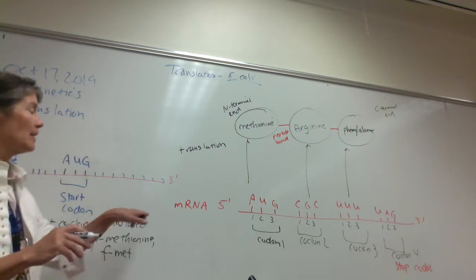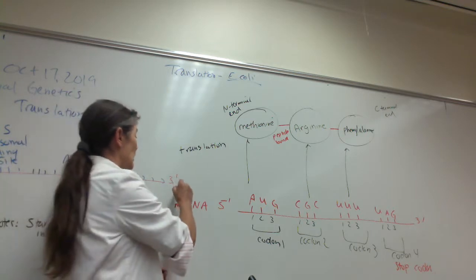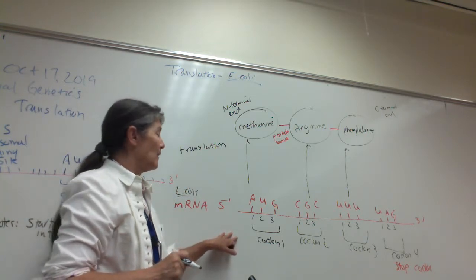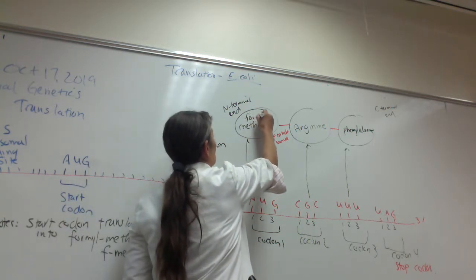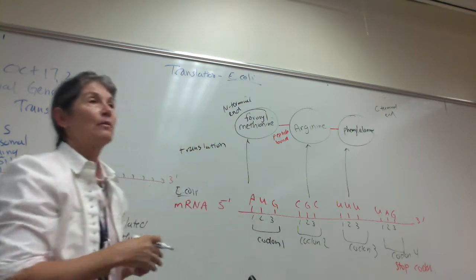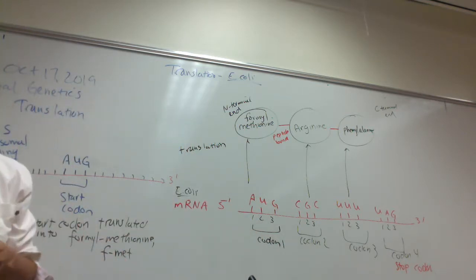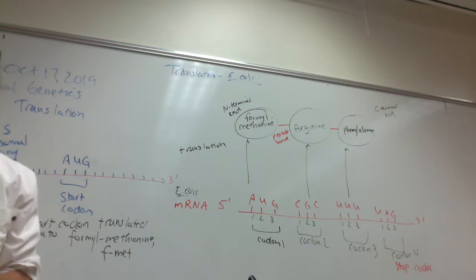So you guys, if this had been on our lecture exam, and I said this is E. coli, and I asked you to translate the mRNA, if you put formyl methionine, I give you a little bonus point. If you don't, it's fine. It's not a deduction if you forget, but it's just a bonus point if you remember that in prokaryotes and bacteria, the first AUG, the start codon, is translated into formyl methionine.